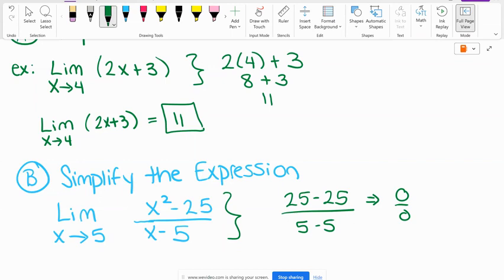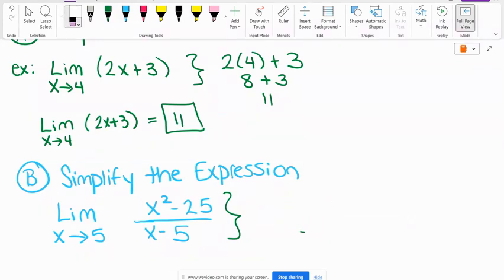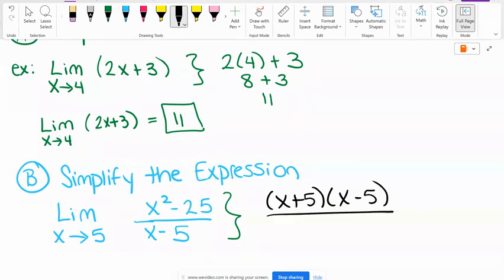So then, after you realize direct substitution is not working for you, what you're going to do is simplify. So if we simplify, we're going to get x plus 5 and x minus 5, right? Didn't I just factor that? And then on the bottom is an x minus 5.